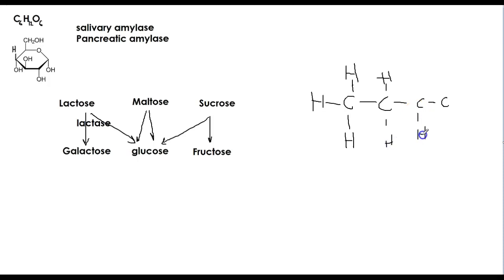Okay. And they could get really, really long. All of these bonds are non-polar bonds, right? Water is polar. All of these bonds are non-polar bonds. Water uses polarity to break things apart.